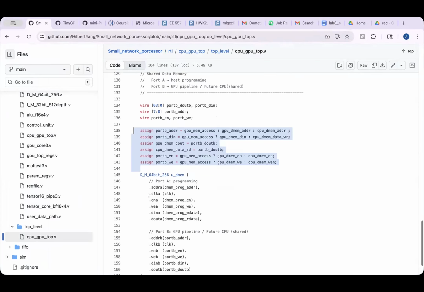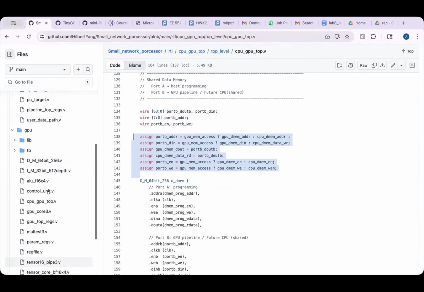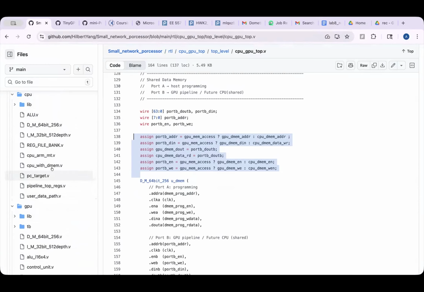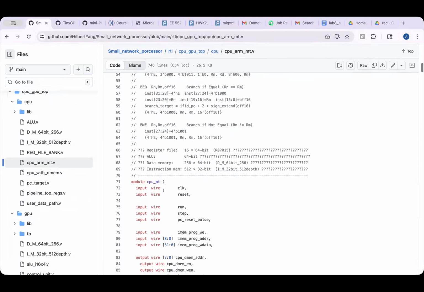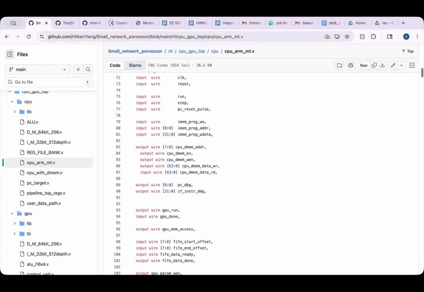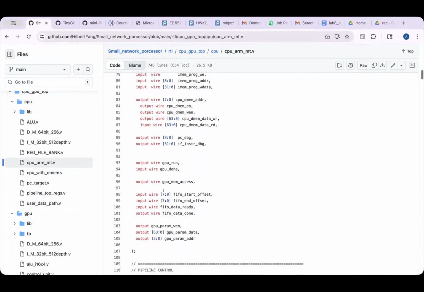And these are the modifications that we have done for our CPU and GPU, which we built in the previous lab. If you look at the CPU, we have added extra control signals so that both CPU and GPU can handshake, and it can also receive the control signals from the FIFO, such as data ready, initial and end address of the payload.